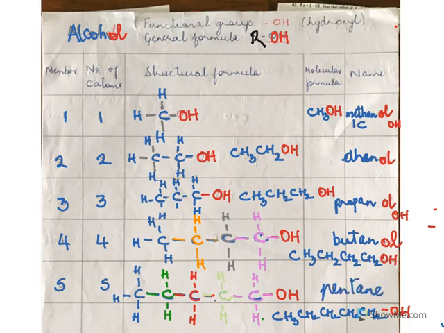Pentane. Now the E, you take away the E and you put OL, so becomes pentanol, 5 carbon alcohol. Just to revise it, the 1 carbon alcohol will be CH3, 1 carbon with the OH, and we'll call that methanol, 1 carbon alcohol.